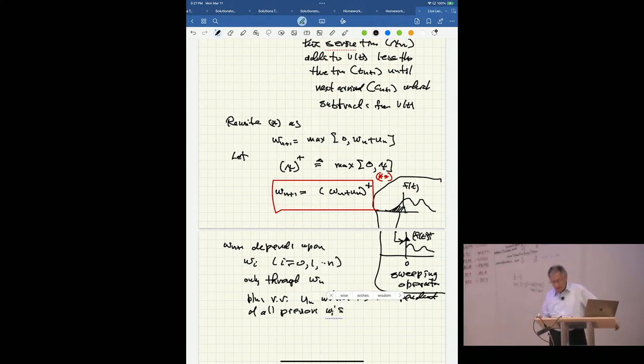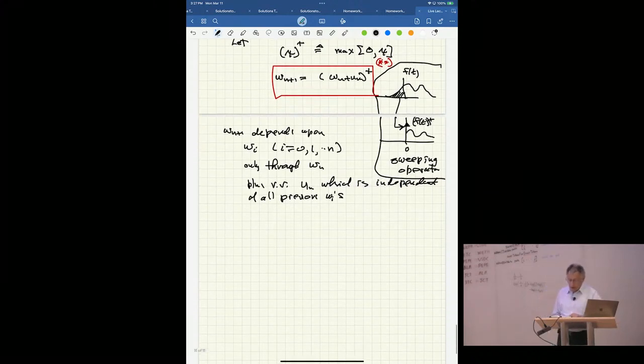After all, the inter-arrival time and the service time don't depend at all upon waiting times in the past. You choose it independently from A of t and B of x. So W n plus 1 only depends upon the previous W n, the most recent one. That's a Markov process. That's what we mean. Okay?